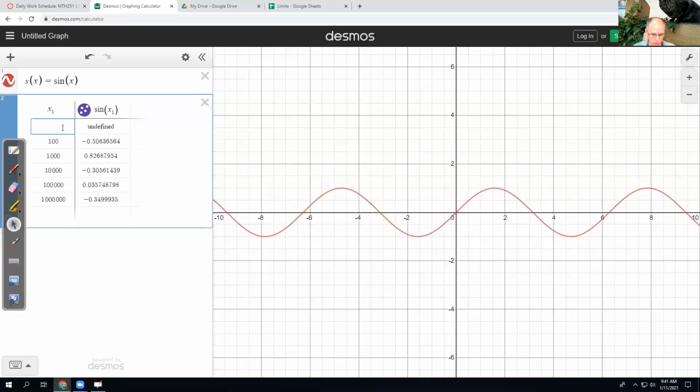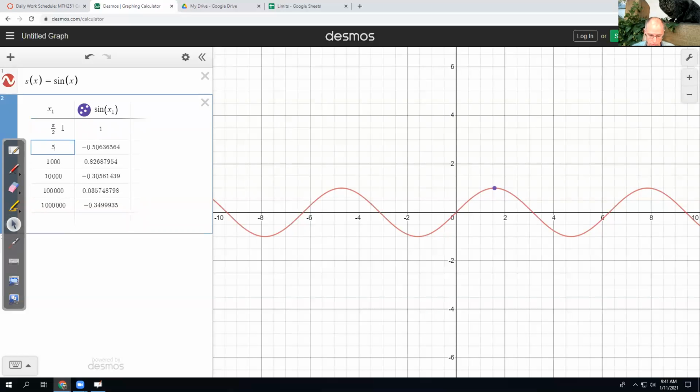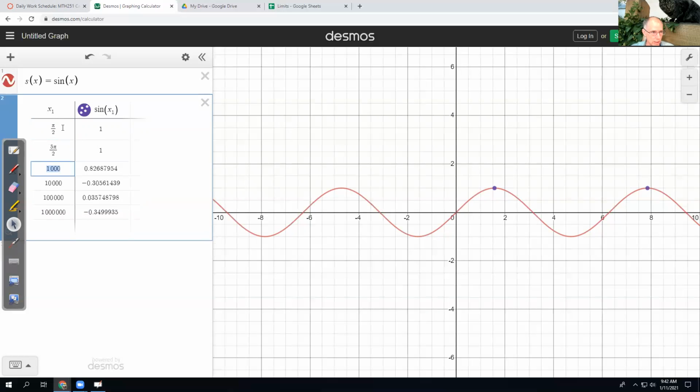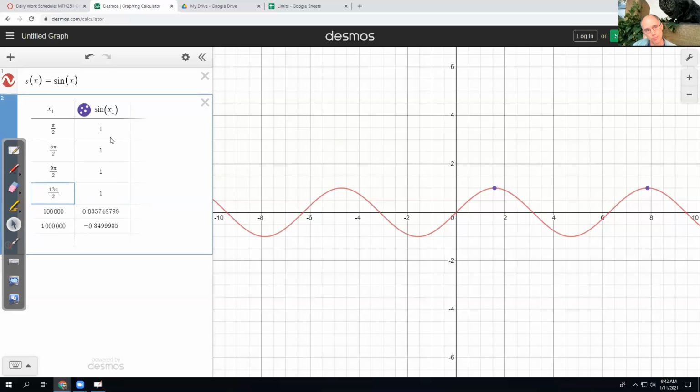So for example, if my sequence was like pi over 2, and then 5 pi over 2, and then 9 pi over 2, and then 13 pi over 2, I could accidentally mislead myself. So we do have to have a little bit of caution when we make a sequence of X values heading towards some place. I could easily mislead myself.